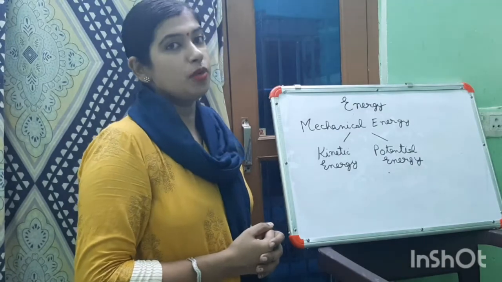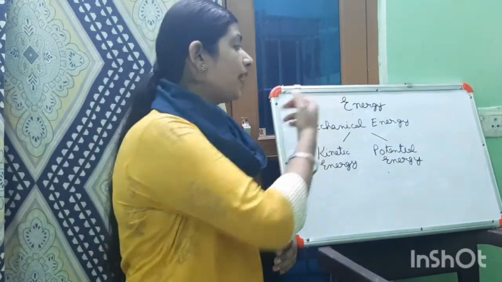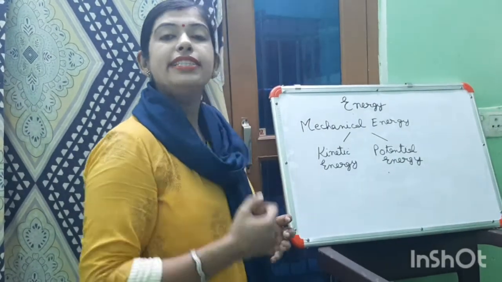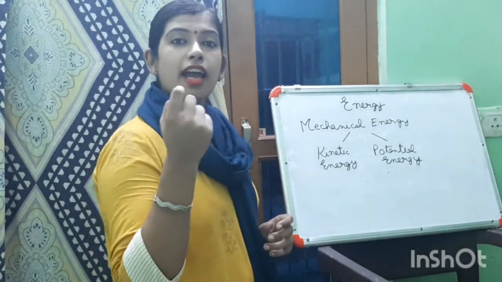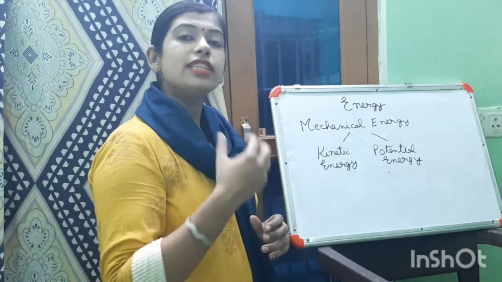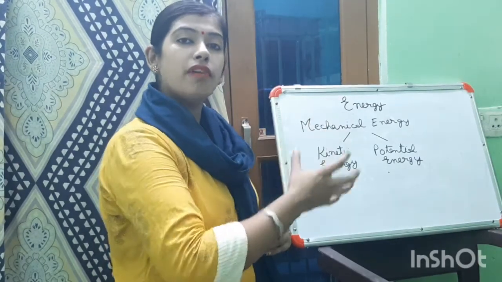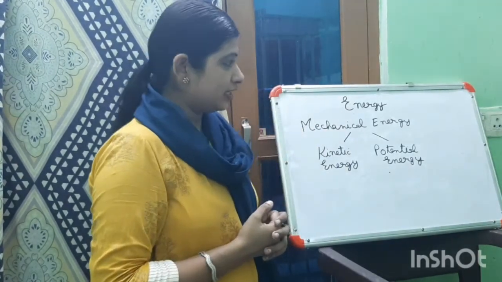After discussing the numericals of work done, we are going to start our next topic, that is energy. Energy is defined as the ability or capability to do work. So जितनी हमारी capacity या capability और ability है to do some work, that is defined as energy.